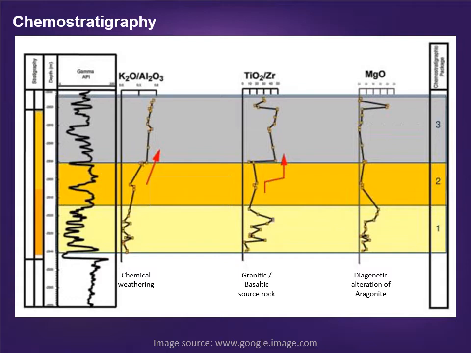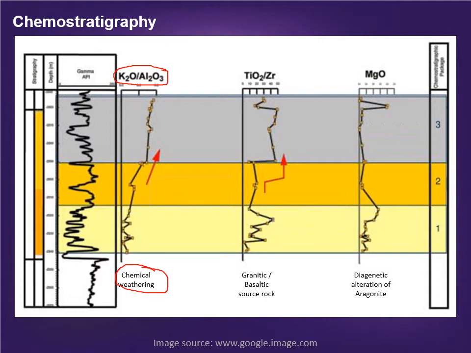Suppose in this picture you can see the K2O to Al2O3, potassium oxide to aluminum oxide ratio, plotted with time. When this ratio shows much higher values in the rock layers, that indicates that more chemical weathering happened during that time.